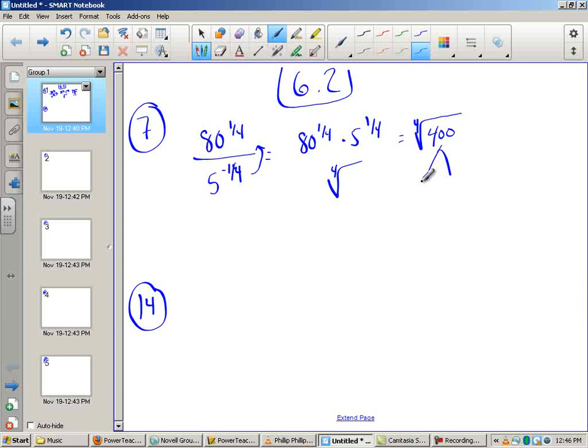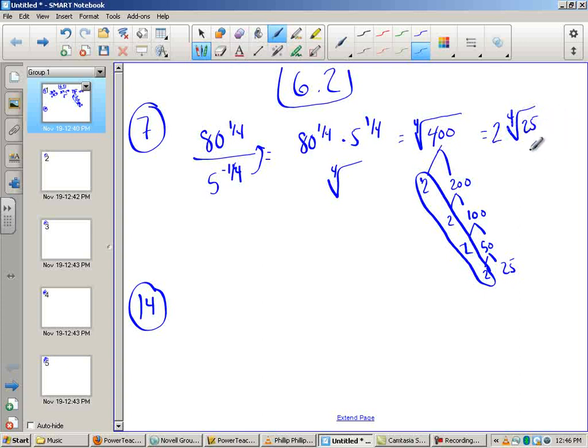I'll go with the 2 and 200. And the 200 is 2 and 100. That's 2 and 50. That's 2 and 25. So right here I see that I have 4 2's. So the answer that I'm going to accept initially is 2 times the fourth root of 25.